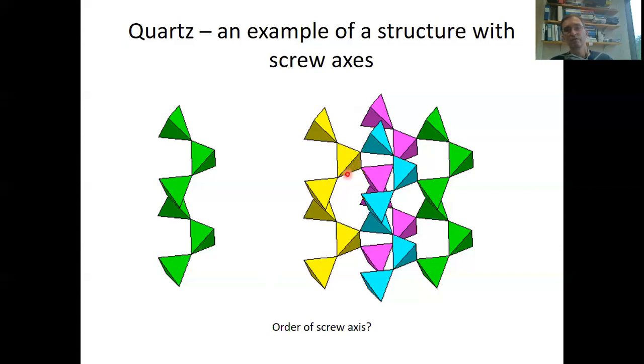So you see that the yellow and the blue tetrahedra are interconnected by purple ones here and here, and the blue tetrahedra here connect also the yellow and the green, actually here and here, producing then the overall crystal structure.